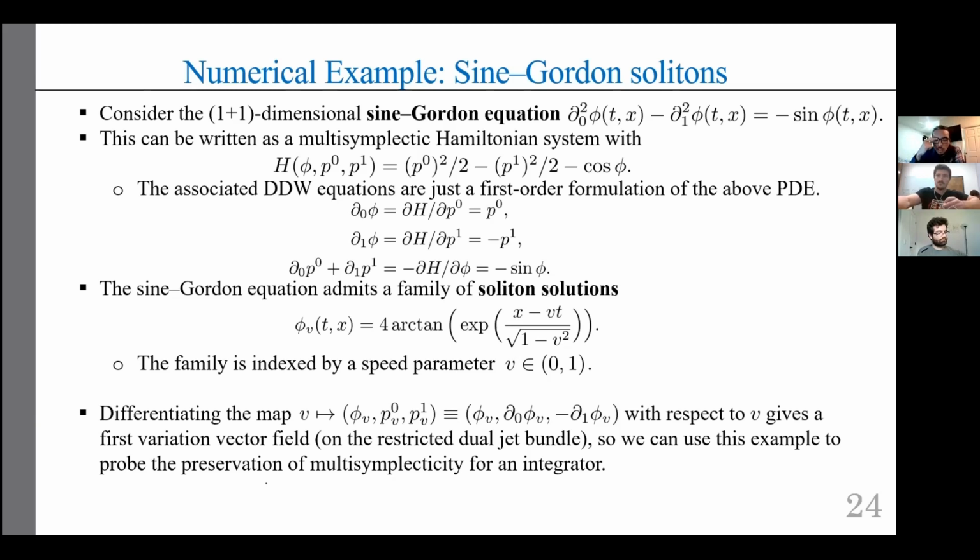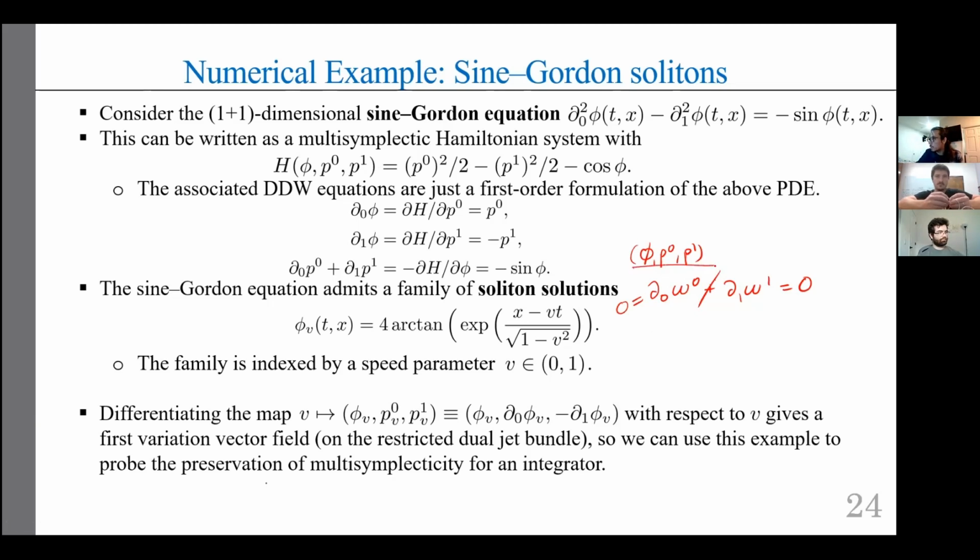So if you look in phase space, which is phi, p0, p1, you have this multisymplectic conservation law, partial 0 omega 0 plus partial 1 omega 1 equals 0. But because the soliton solutions are steady, this multisymplectic conservation law splits, and you get 2 symplectic conservation laws.